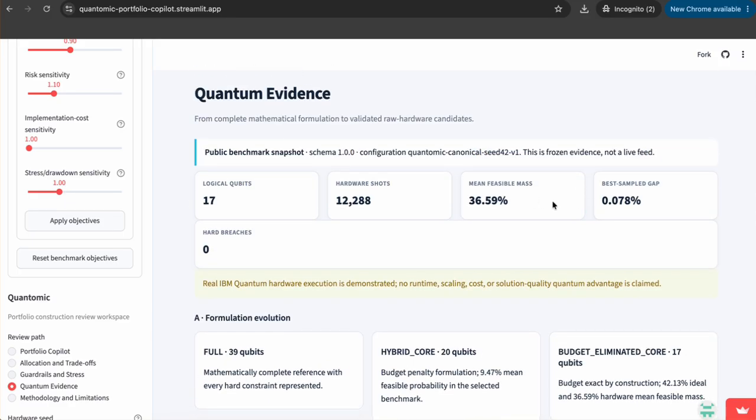The best quantum sampled portfolio was only 0.078% away from the exact classical optimum. Here we're not claiming quantum advantage. The result shows that real quantum hardware can already generate useful candidate portfolios when combined with strong validation.